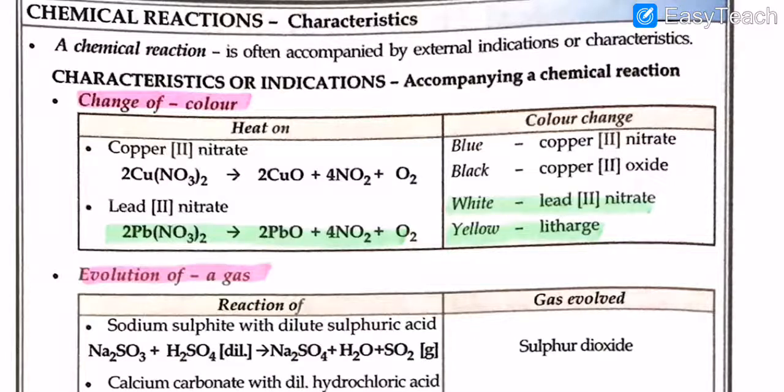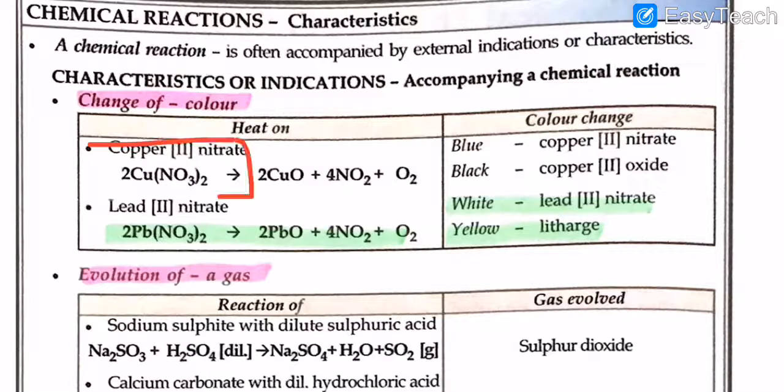Let's say we have copper nitrate, 2Cu(NO3)2, gives you 2CuO plus 4NO2 plus O2. Now in this case, copper nitrate turns blue and copper oxide turns black. So this is the color change.